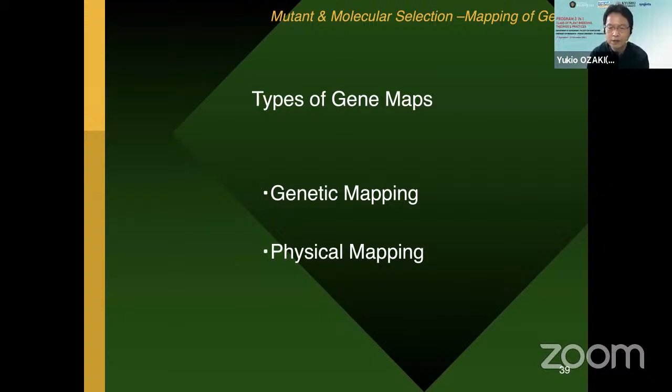Called linkage analysis, the frequency at which two gene loci become separated during chromosomal recombination by crossing over is used to calculate distance between the loci on the chromosome. The map produced by this process is called a linkage map or genetic map, and the process linkage mapping or genetic mapping.